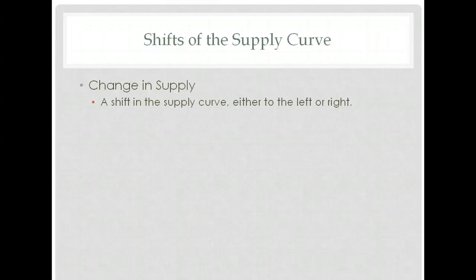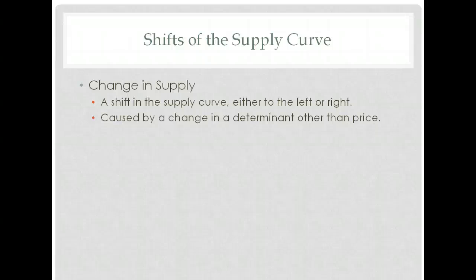What does a shift of the supply curve look like? Well, remember, the way we say it is a change in supply. And what that means is the supply curve is actually itself moving to the left or to the right, or decreasing or increasing. And that's caused by something other than a change in price. And we'll get to that in just a minute or two.